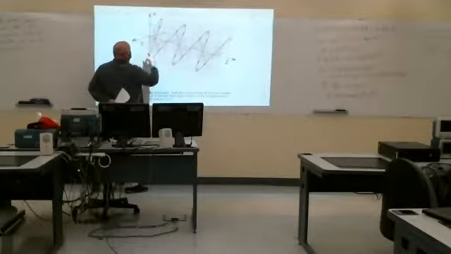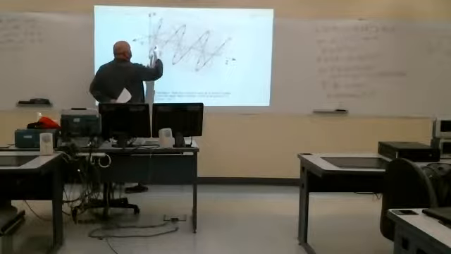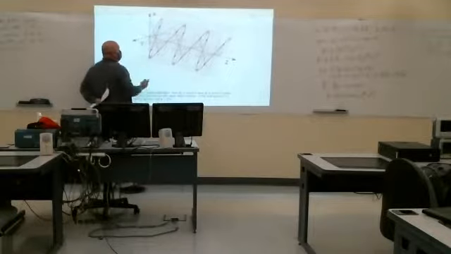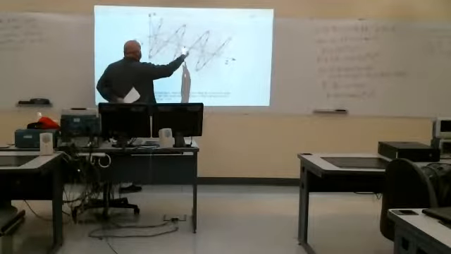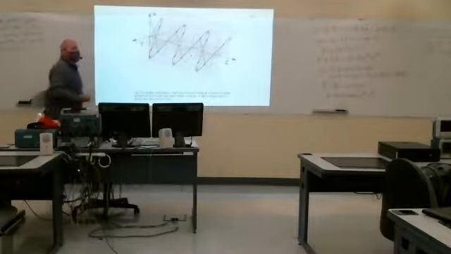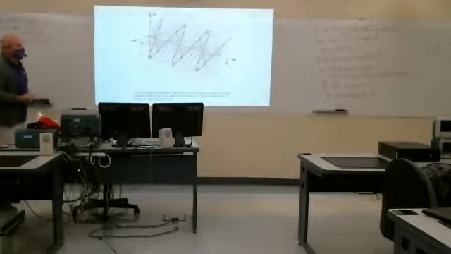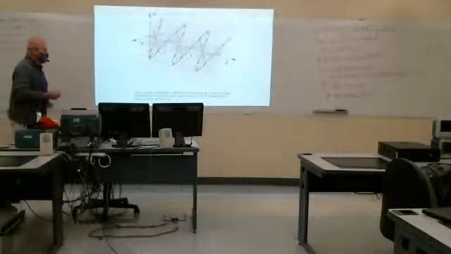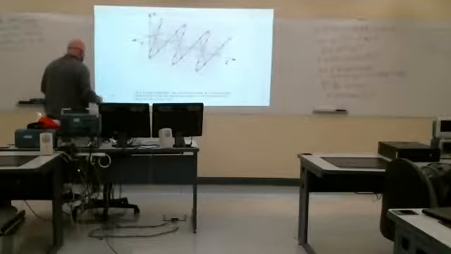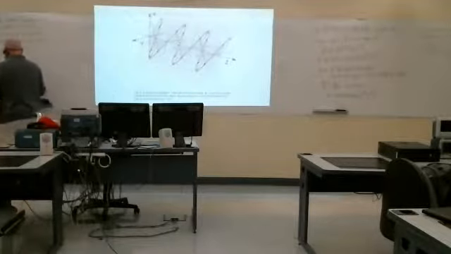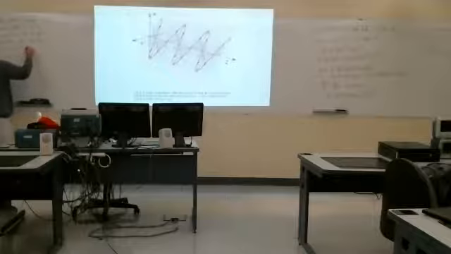So those components are changing up and down, so that the direction of our E field will appear to actually rotate in the XY plane. Okay. And that's called circular polarization.